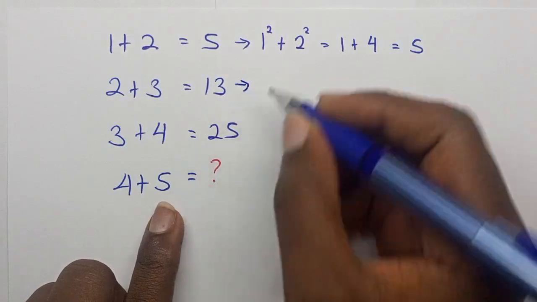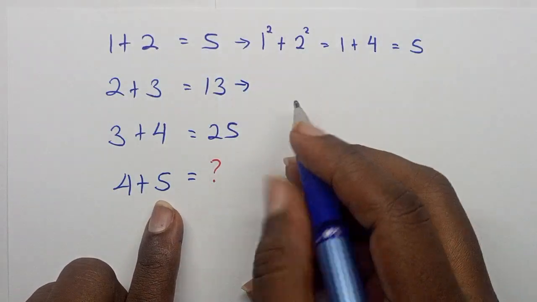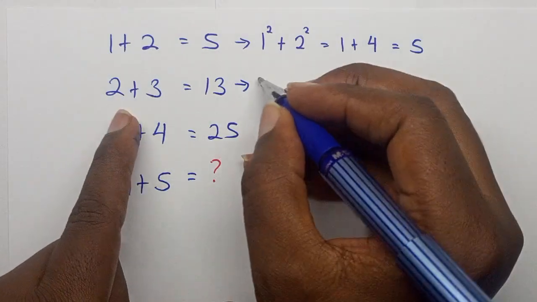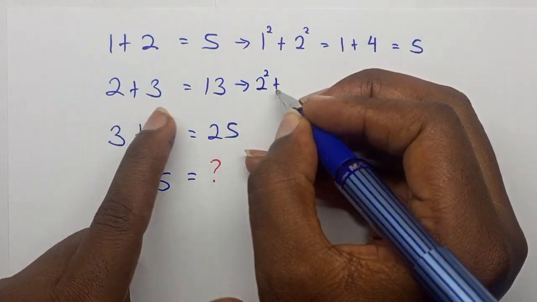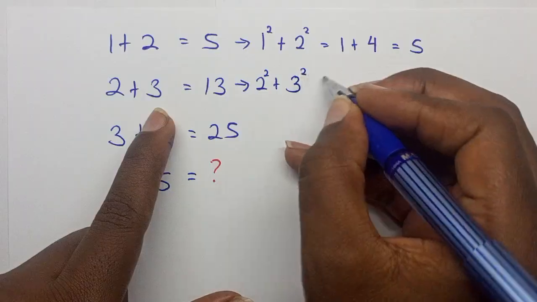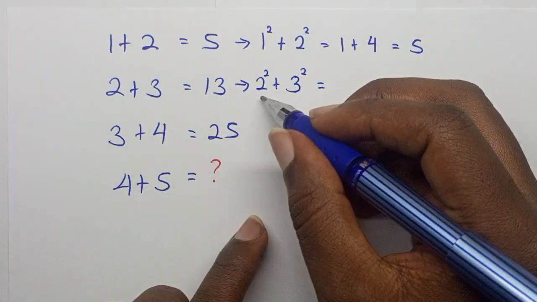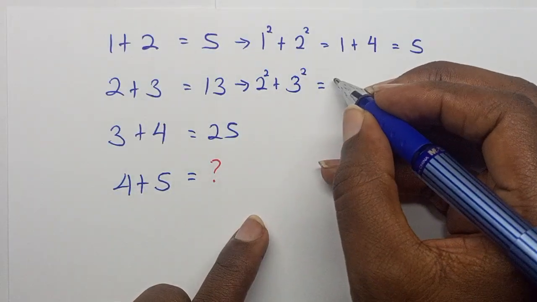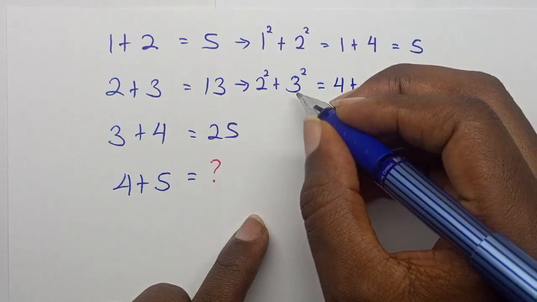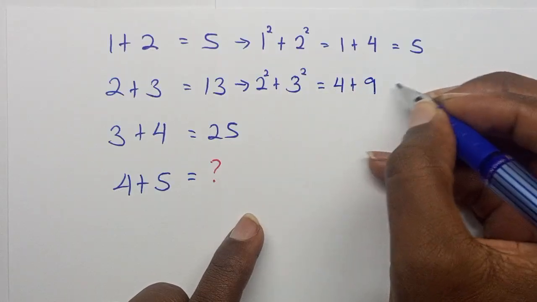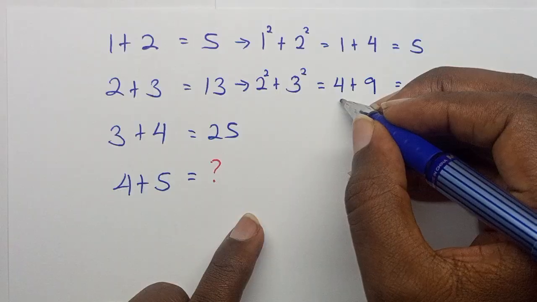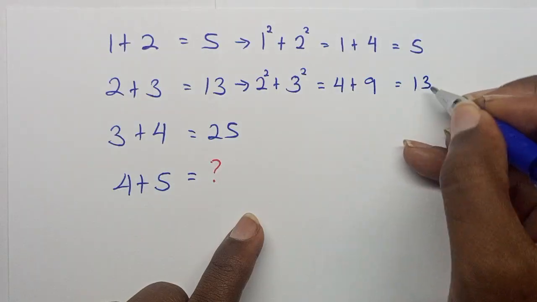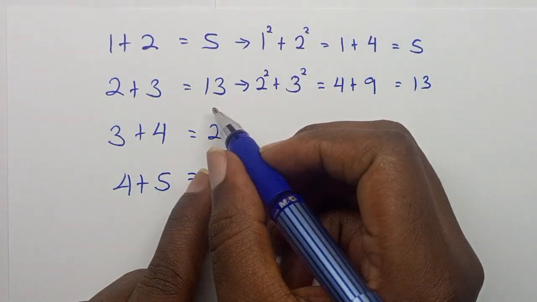Let's see for the next one if it also follows the same rule. If you square 2 and also square 3, what do you get? So 2 squared is 2 times 2, which is 4. 3 squared, 3 times 3, which is 9. 9 plus 4 is 13. Still, it goes back to what we were given.